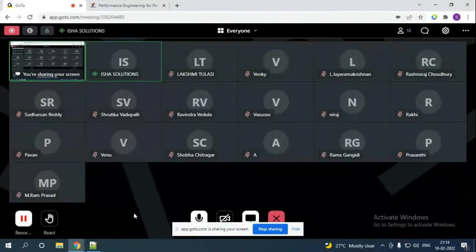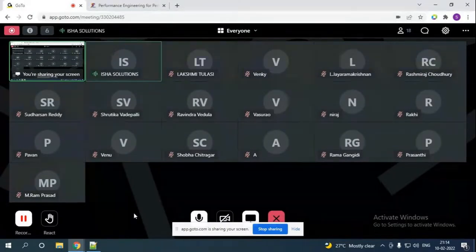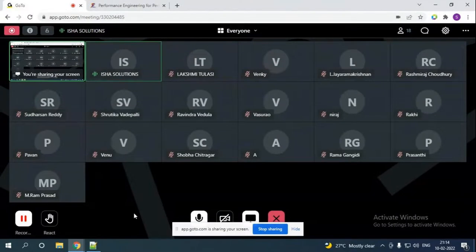We have two utilities in the JDK folder: JVisualVM and JConsole. In any interview, they will definitely ask if you have experience in JVisualVM, if you know how to do heap analysis and thread analysis, how to trigger a heap dump or a thread dump.